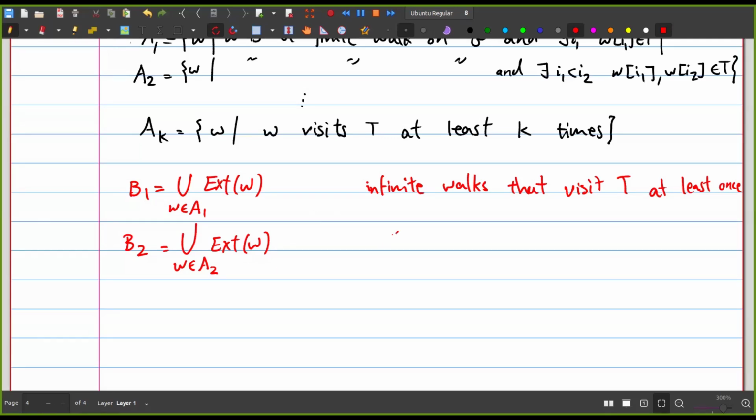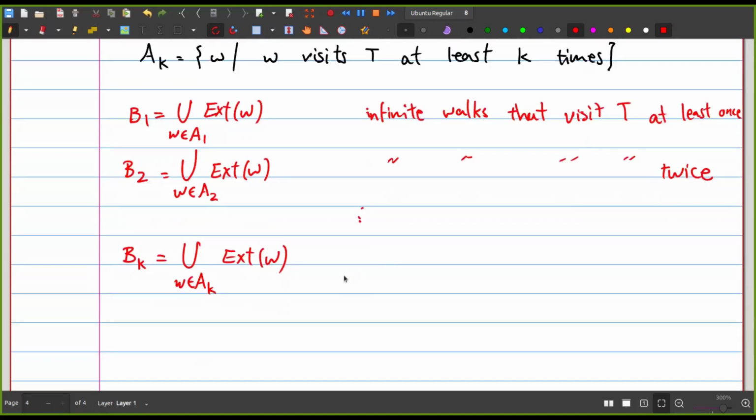So these are the infinite walks that visit T at least twice. Generally, I can define BK to be the union of W in AK of the extension of W. So this would be the set of infinite walks that visit T at least K times.